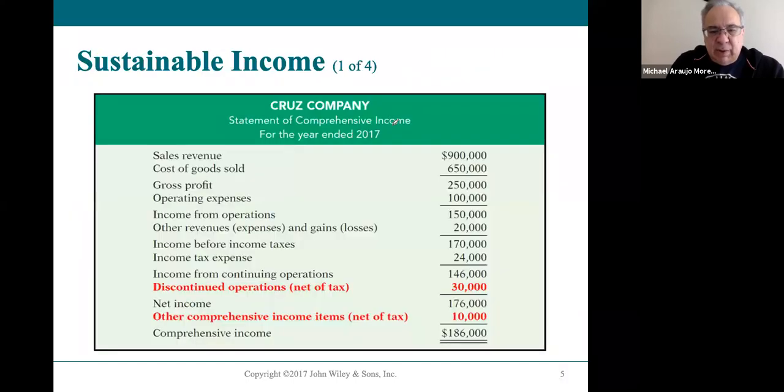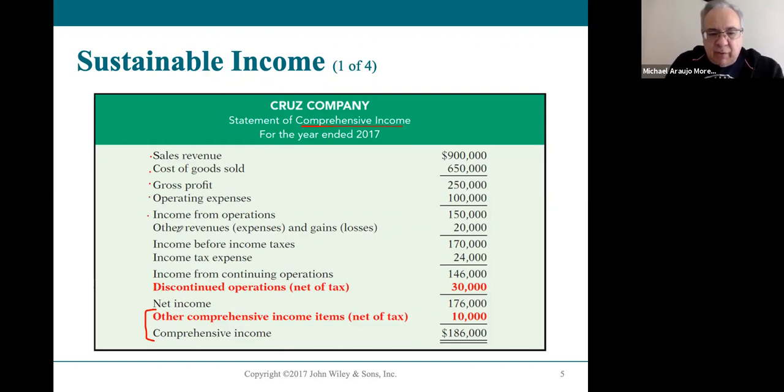So everything starts with an income statement. This particular statement is a statement of comprehensive income. As you notice, after the net income or the net profit, they add the comprehensive item here. But you already know how to read these income statements by now pretty well, right? Revenue minus cost of goods sold gives you the gross profit, minus all your operating expenses gives you the profit from the operations.